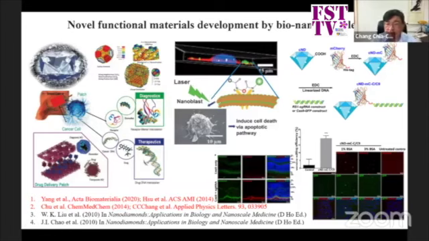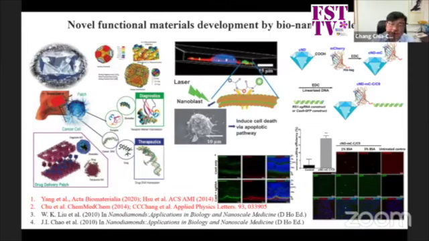The most interesting part is that some of these nanodiamonds may contain some nitrogen vacancies inside their structure. So they can be induced by laser irradiation to change conformation from diamond to graphite and induce a nanoblast.